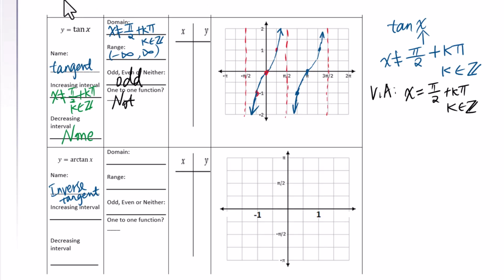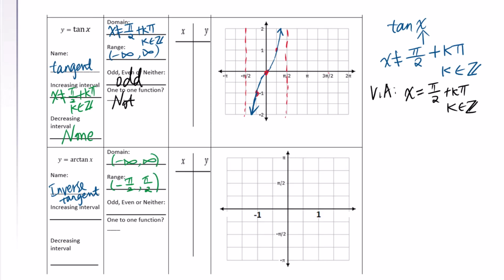People created the inverse tangent x by restricting the domain of tangent x from negative pi over 2 to pi over 2. So the range is negative pi over 2 to pi over 2. Domain is all real numbers.